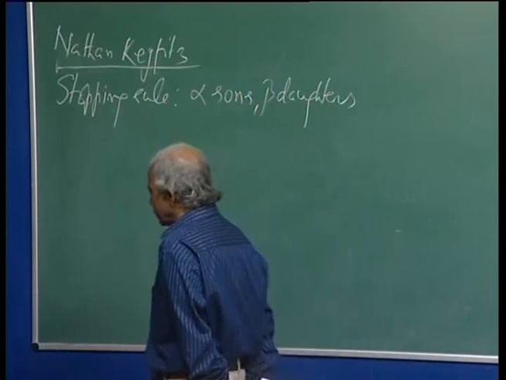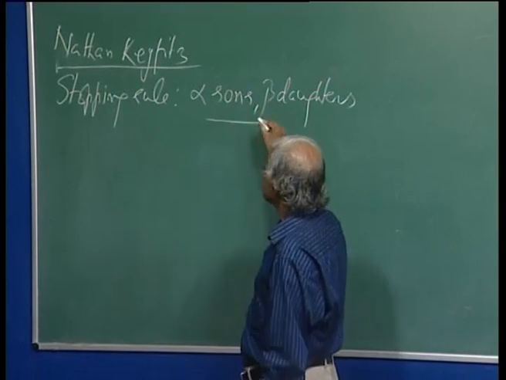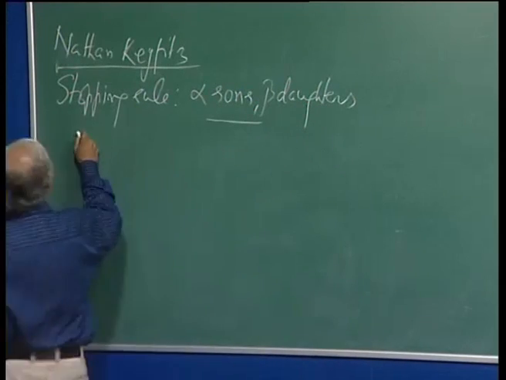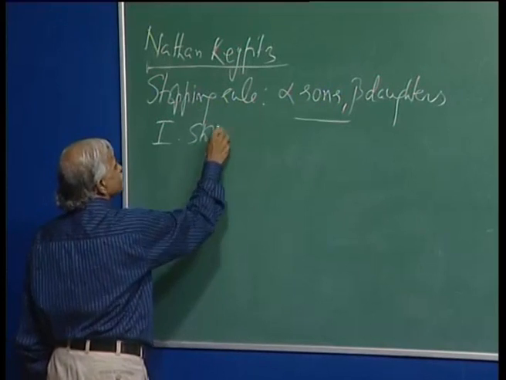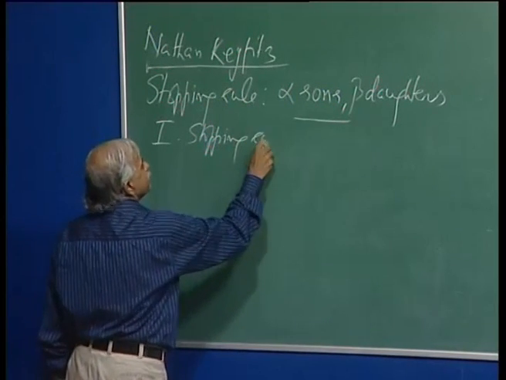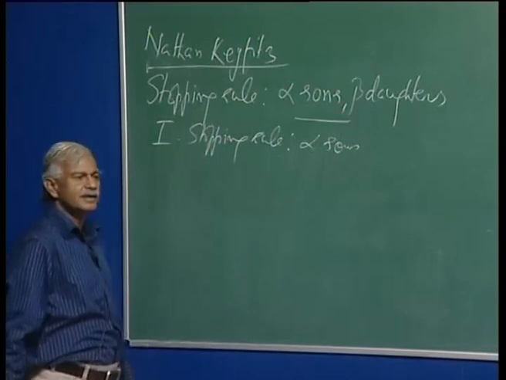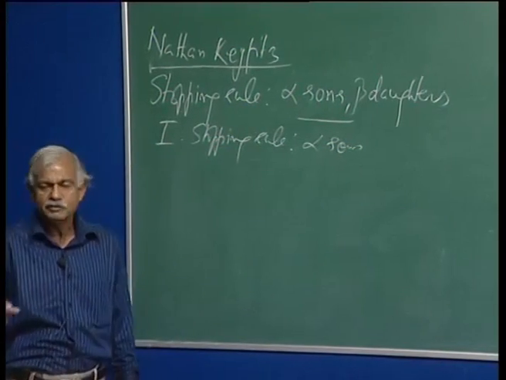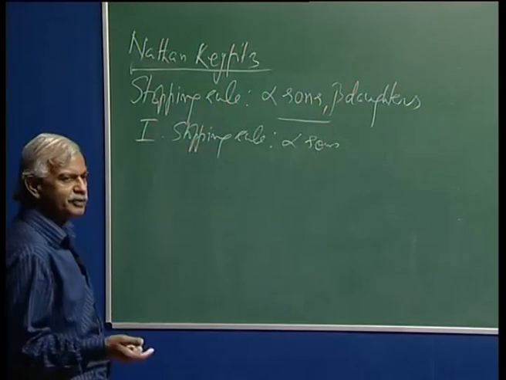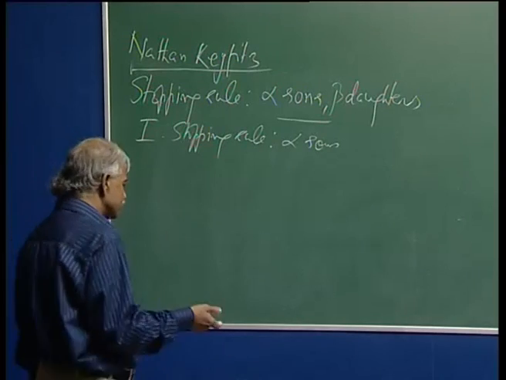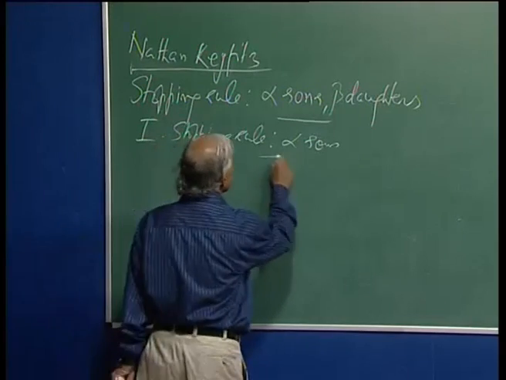And let me show this exercise first with the stopping rule alpha sons. That is, the first stopping rule is alpha sons. To calculate how many children will be born in this population per woman or per person, I must know the probability distribution of number of children under this stopping rule.